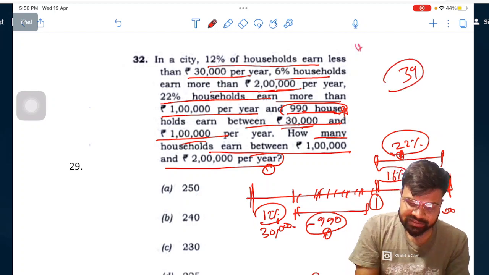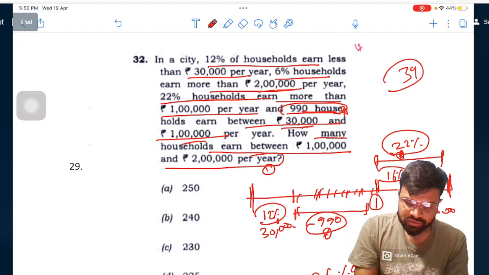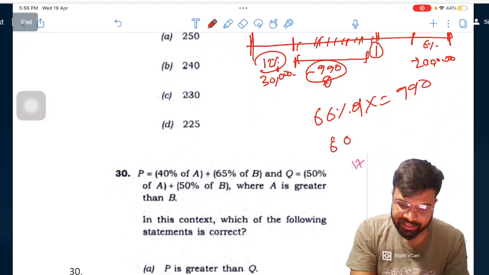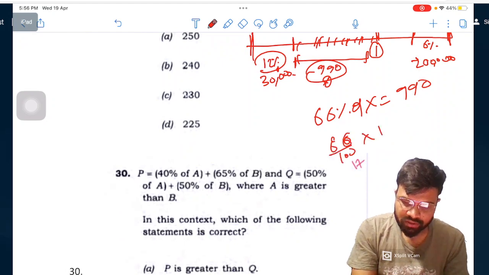So 66% of x is given as 990. That means 66 by 100 into x is equal to 990.